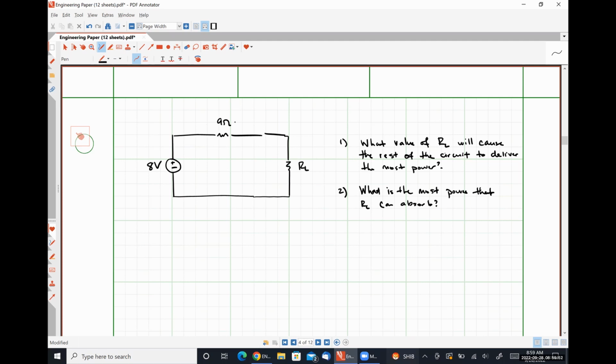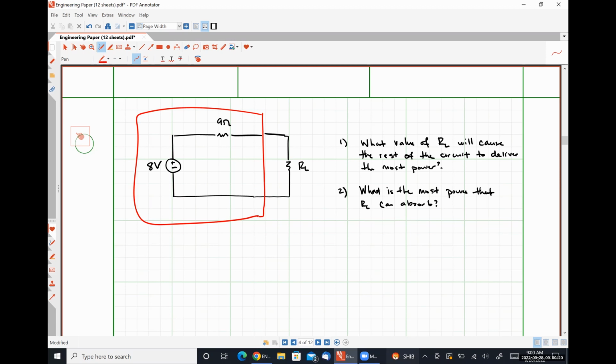So all I needed was either a practical voltage source or a practical current source, okay? Everything that I've boxed in here in red is the practical voltage source that is electrically equivalent to everything we had before. So what value of RL will cause maximum power transfer to occur?